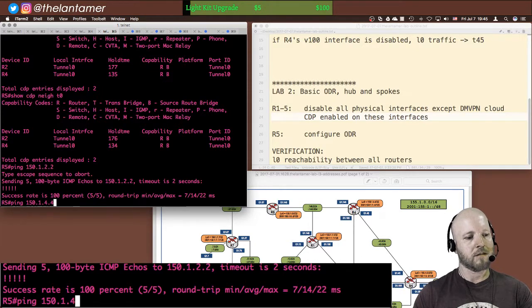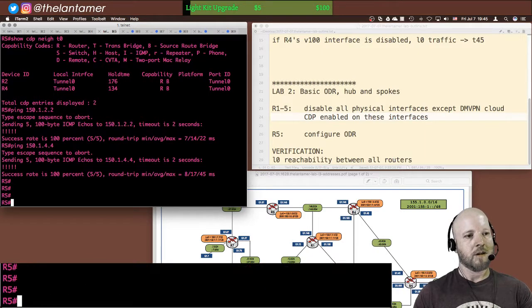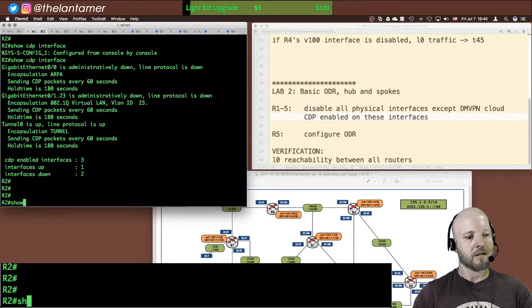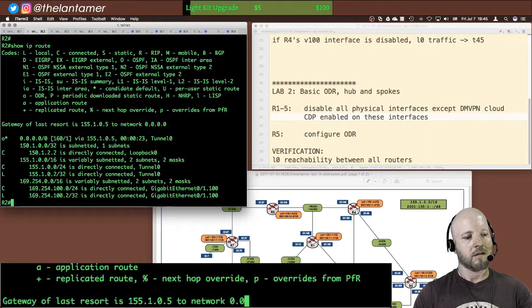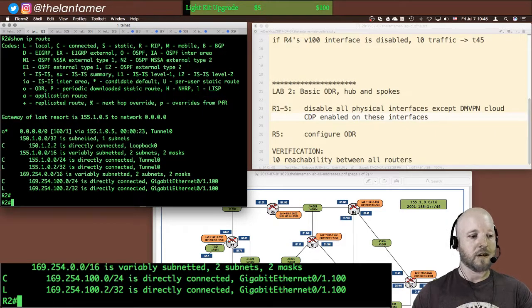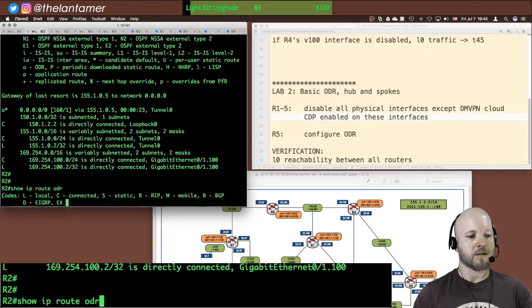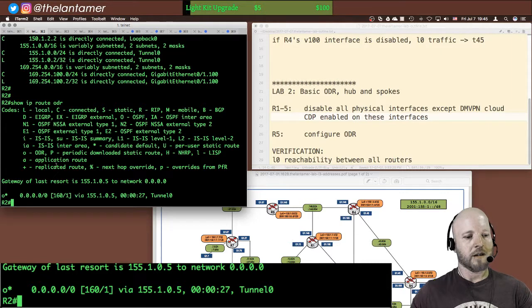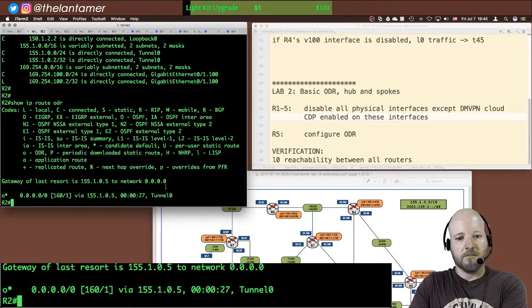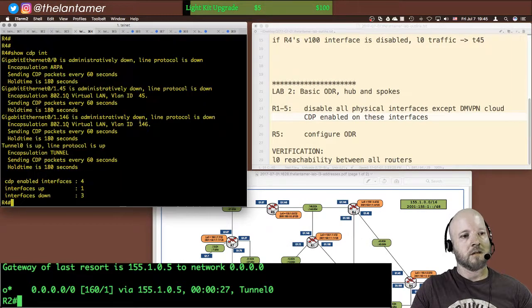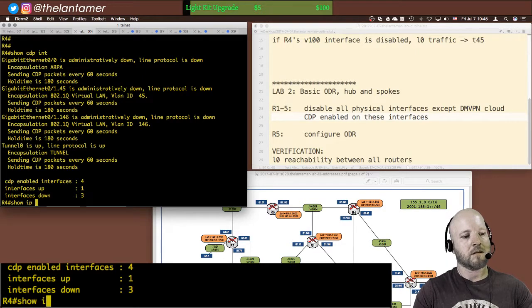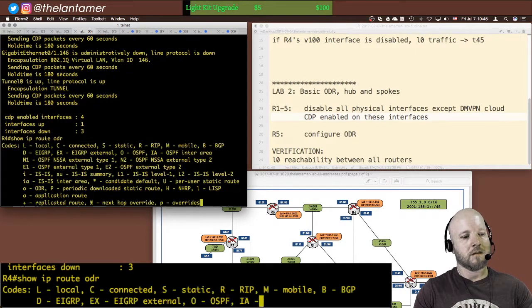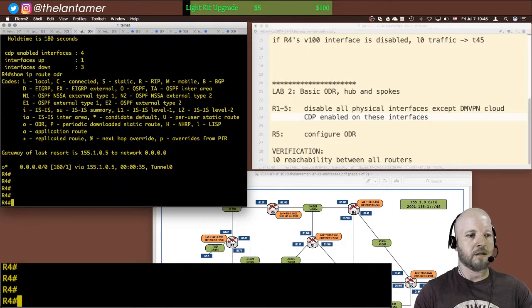So router 2 and router 4 are straight. So you can see ODR routes here. And it gets the default route. Awesome. Yeah, sweet.